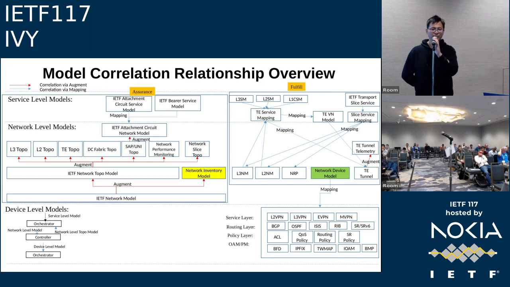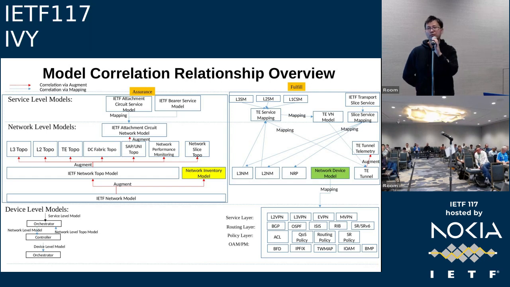So this is the whole picture of the network inventory. You can see we have a network inventory, but we also have peripheral or neighboring models around this network inventory. The network inventory model can be placed on top of, such as, an SDN controller, together with network level models like L3NM and L2NM.